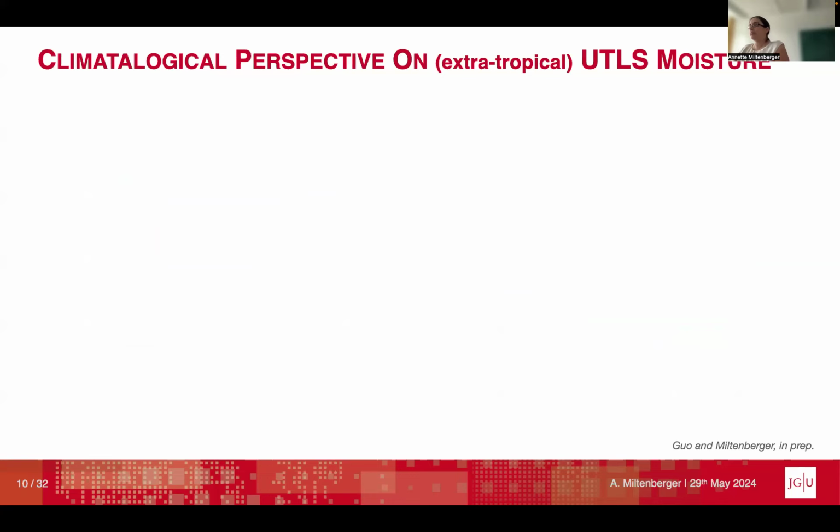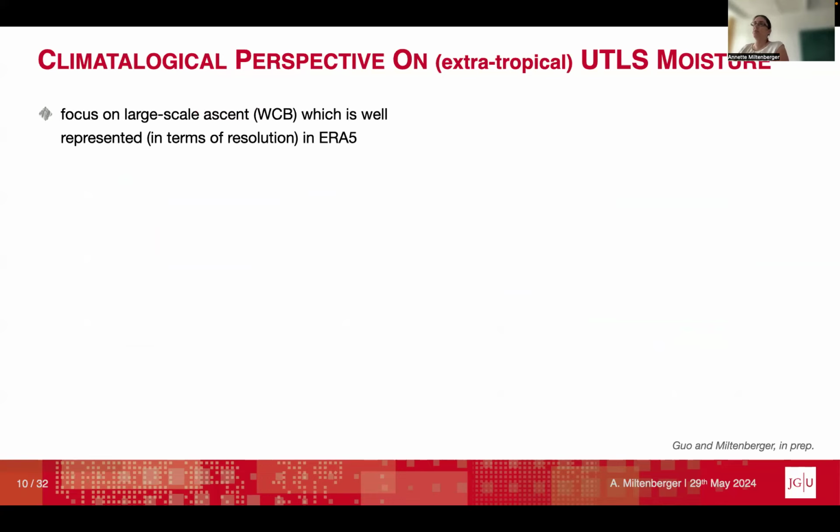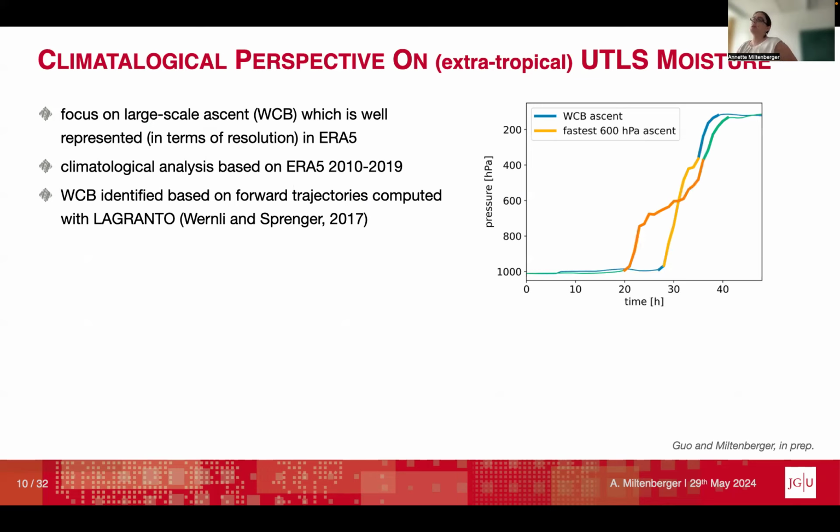We now want to understand what warm conveyor belts contribute to this, and we focus on warm conveyor belts because we believe that at least the dynamics of these systems are reasonably well captured in existing reanalyses, which may be more questionable for deep convection. We base our climatological analysis on the years 2010 to 2019 in ERA5 at 0.25-degree resolution and 1-hourly time steps.